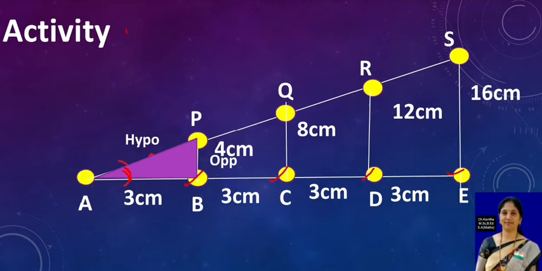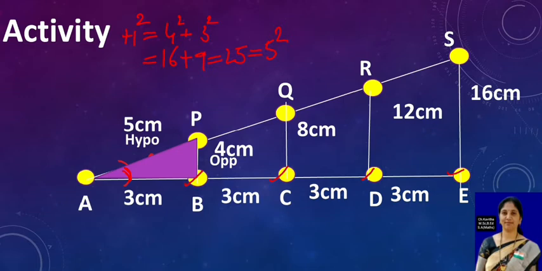We know that hypotenuse square is equal to side square plus side square. One of the sides is 4, so we get 4 square plus 3 square. 4 square is 16, 3 square is 9, so we get 25. 25 is nothing but 5 square. That means here we get the hypotenuse as 5 centimeters. Like this we can find the hypotenuse value.